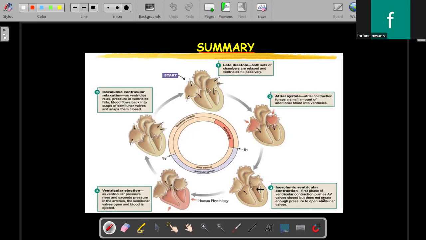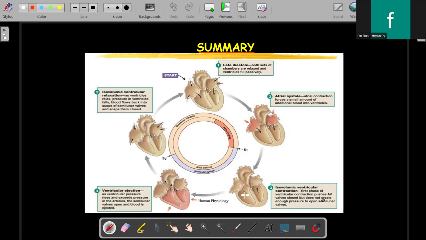Then from there you had the third phase, which is isovolumetric ventricular contraction. You saw here there was too much pressure in the ventricles, and how these AV valves close, forming that first heart sound.